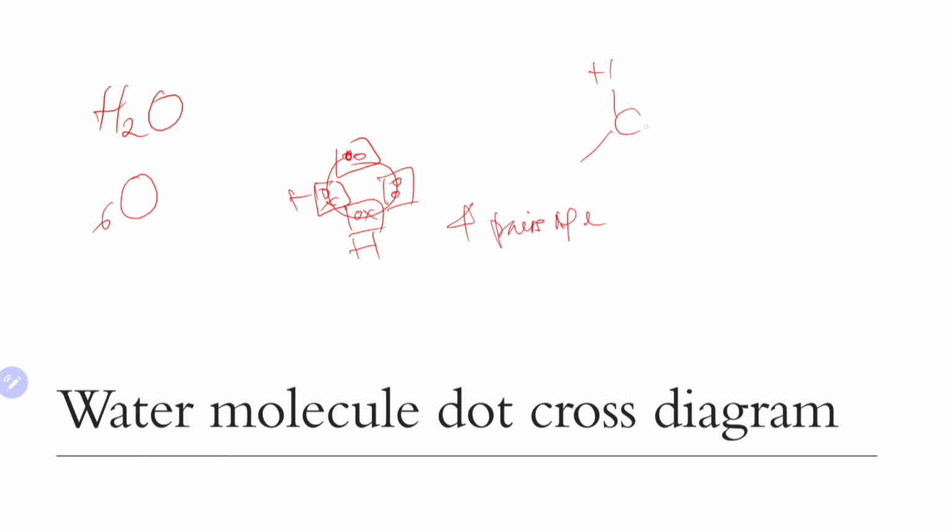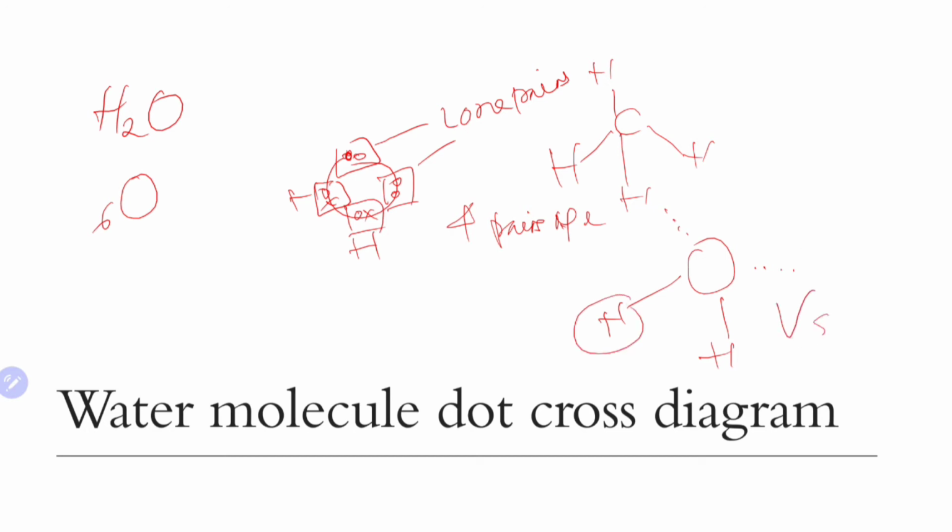That's tetrahedral for CH4. But here for H2O only 2 bond pairs. The other, this one, is a lone pair without atom. So in here, for oxygen, H and then H. This is empty. So the shape will be V shape or bend.